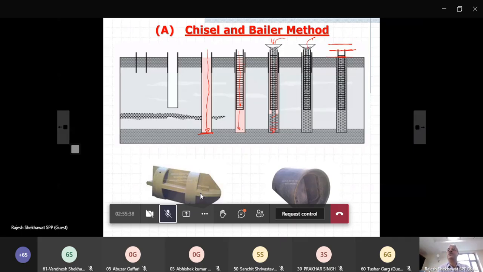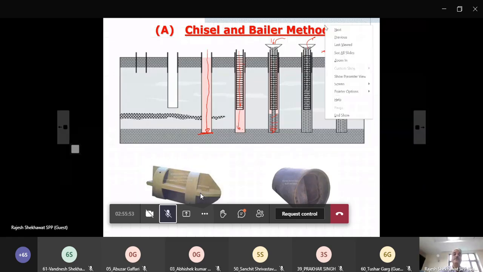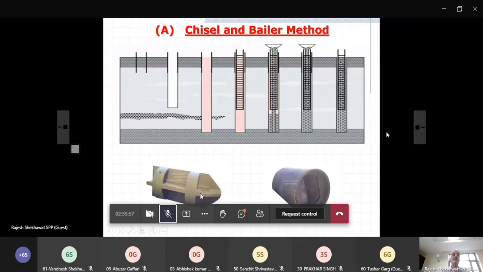In tremie concrete, that is not good concrete, so you chip it off. Normally above your design cutoff level, you do concreting up to some level, and this is later chiseled off and thrown away, because that's not good quality concrete. So this is how you do your concreting, and your pile is ready. And then once a group of piles is ready, you put reinforcement for the pile cap and cast the pile cap.